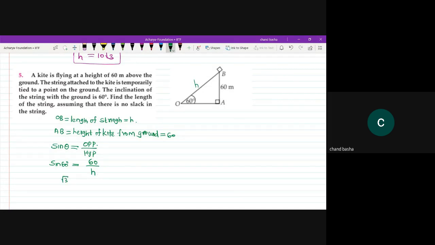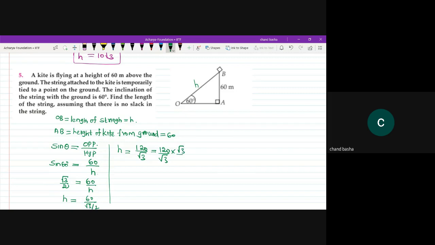Root 3 divided by 2 is equal to 60 divided by h. So h you can take on the left-hand side: 60 divided by root 3 by 2. The 2 will come in the numerator. H is equal to 120 divided by root 3, which is equal to 120. As I said, you can multiply and divide with root 3.